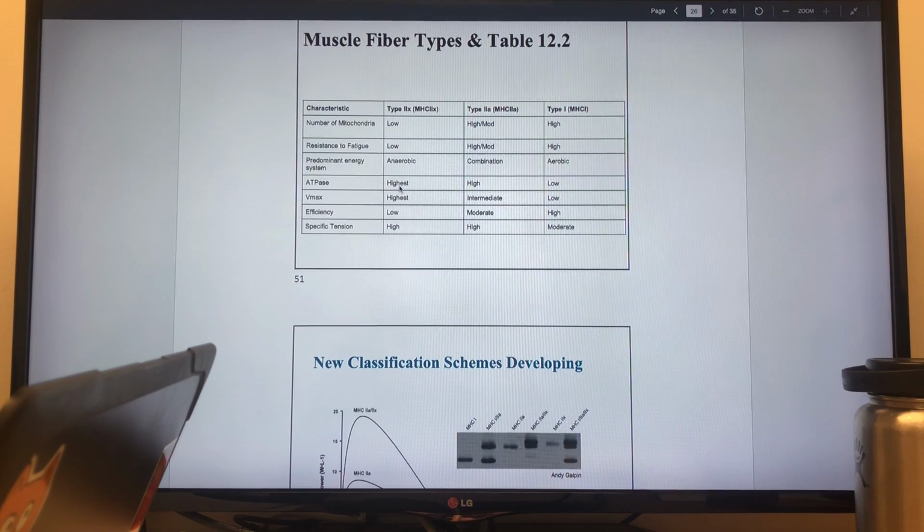And it's got a lot of ATPase, because if you need to produce a lot of ATP, you gotta have a lot of ATPase to break them down, right? And I don't know what Vmax stands for, to be honest. Velocity. Yeah, velocity. Speed of the reactions all connecting and creating. Efficiency is very low, because you don't need to be very efficient to do something real quick, right?